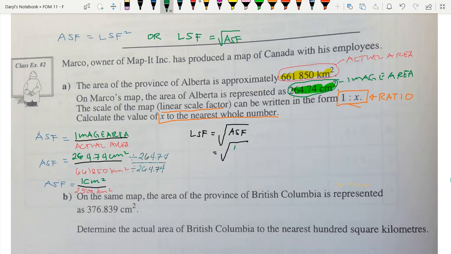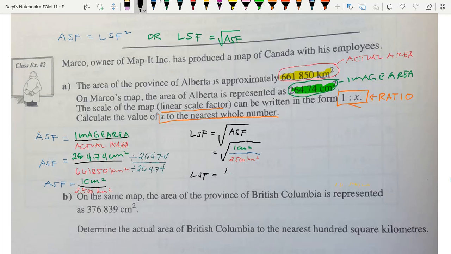That is 1 cm squared all over 2,500 kilometers squared. So remember that the square root here is for both numerator and denominator. So I would get LSF, or the linear scale factor. Square root of 1 is just 1.